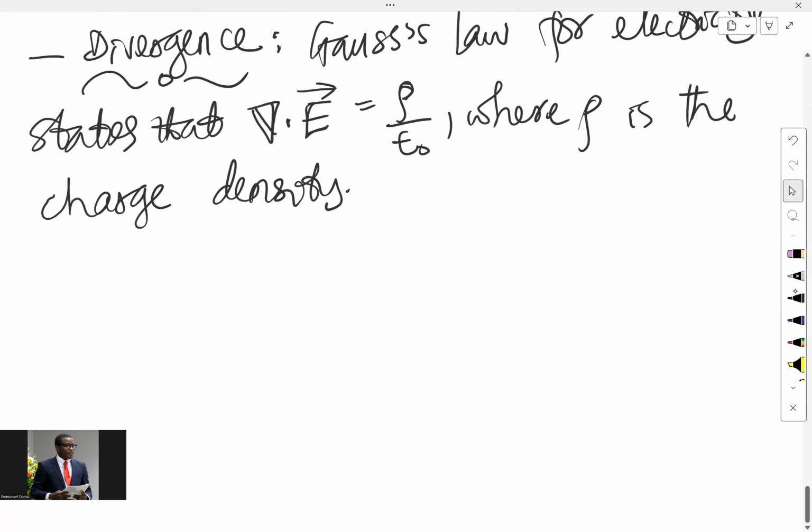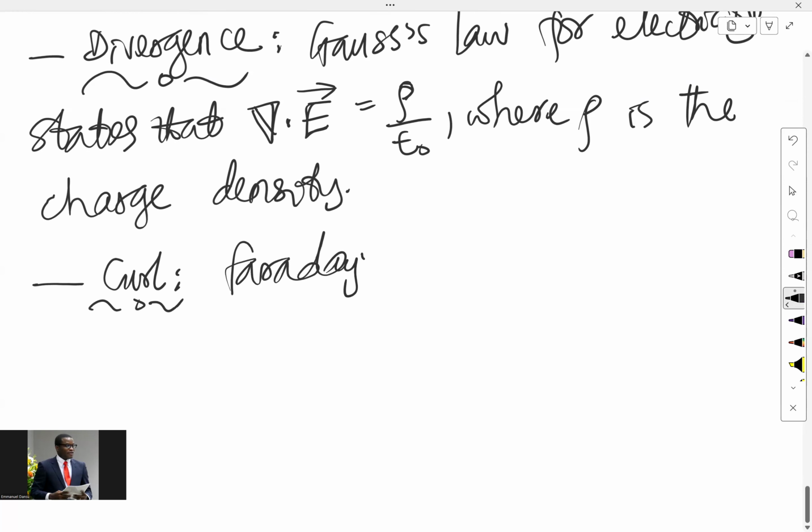And of course, talking about curl, what role does curl play in electromagnetism? Faraday's law of induction, magnetic induction and all that.